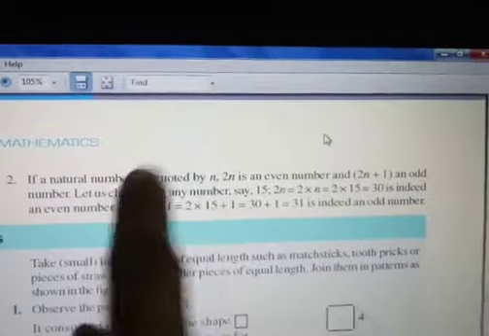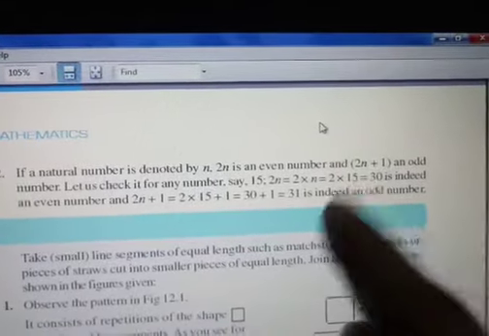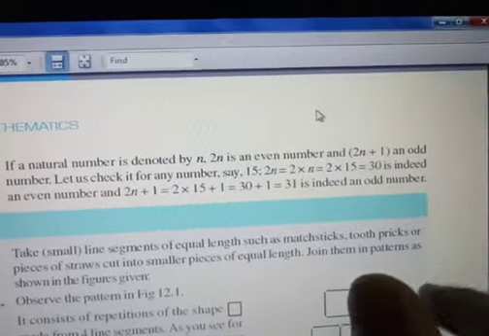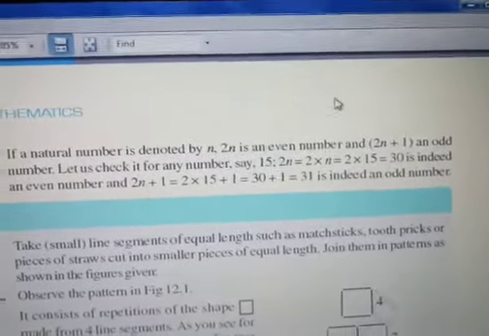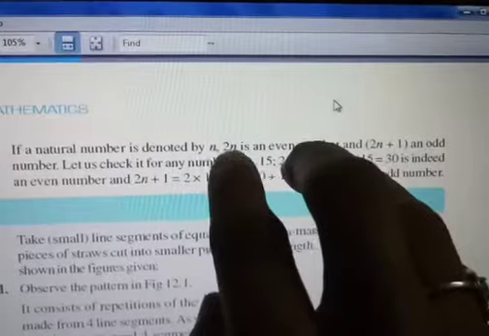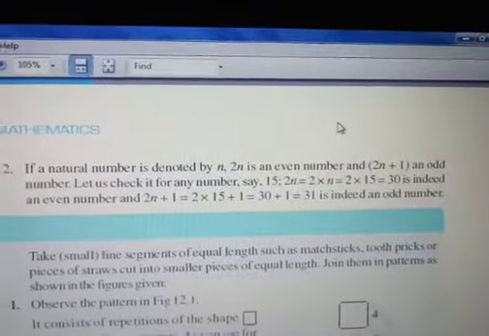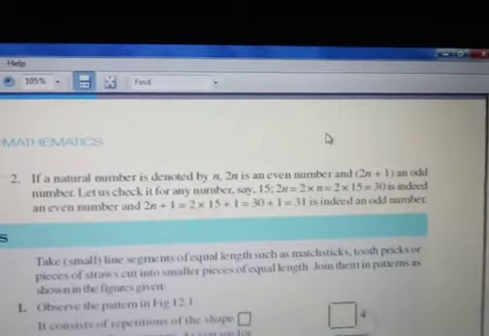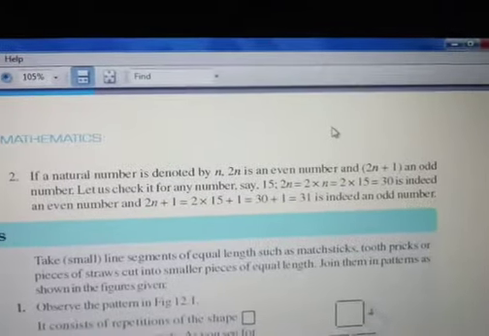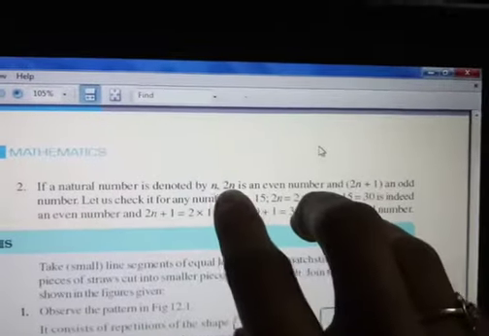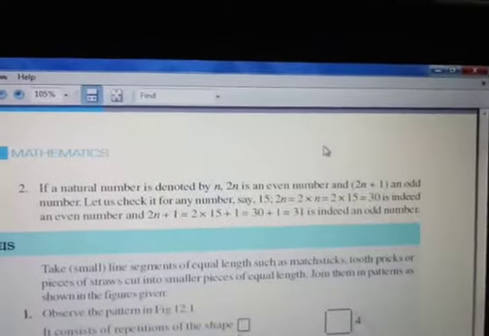Next, if a natural number is n, what will the even numbers be? It will be 2n. It means multiples of 2. 2n will be the even number. 2n plus 1 is an odd number. Underline that. If n is 1, 2, 3, 4 and so on, then 2n is 2, 4, 6.